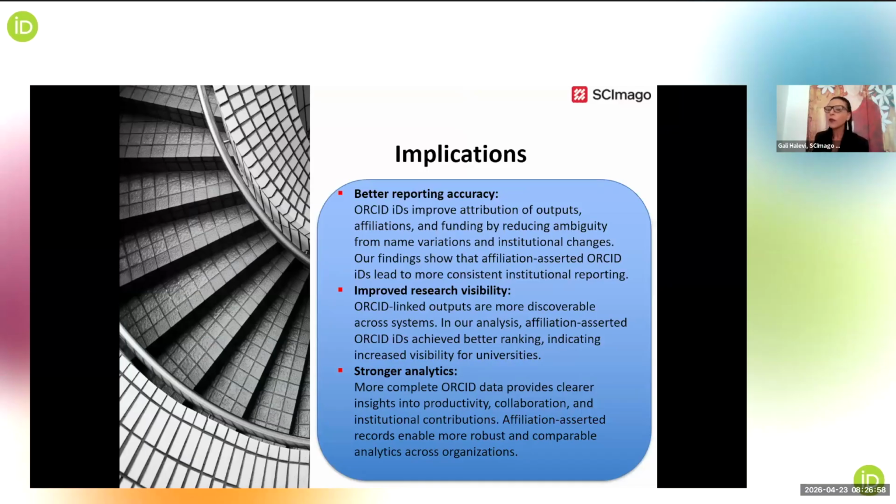So why is all this important? I've been talking and talking, but really, what's the bottom line? When you have ORCID managed on a system level, what you get is improved attribution of outputs, affiliations, and funding, reducing ambiguity from name variation to institutional variations.